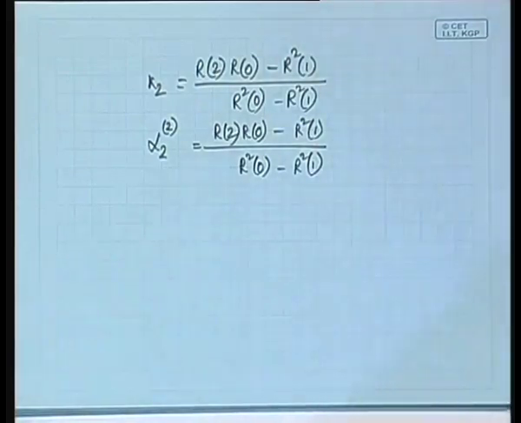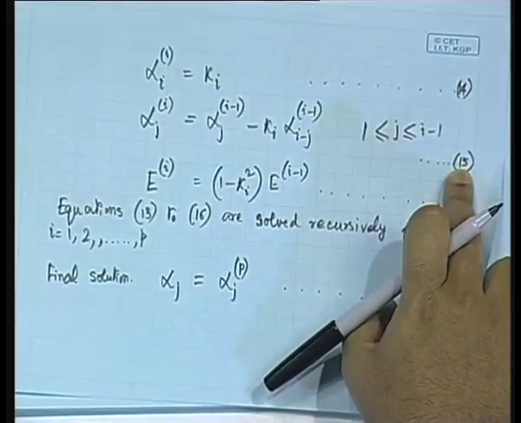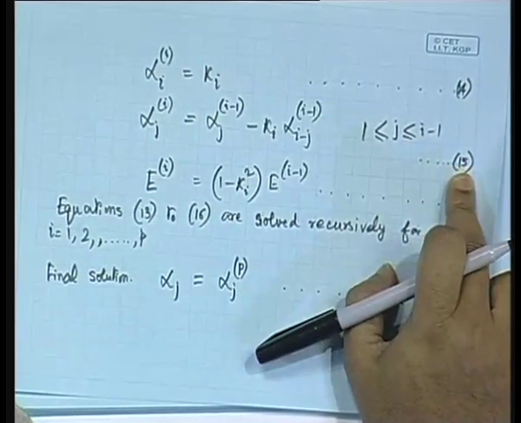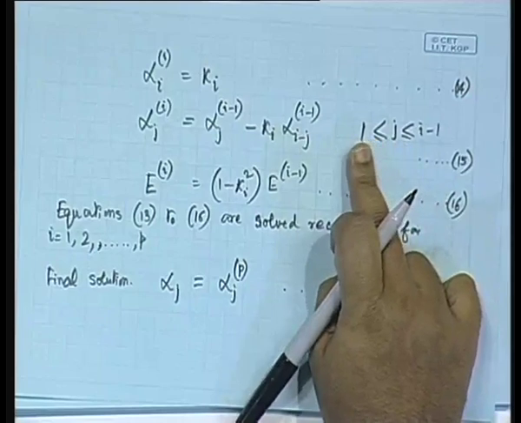And then we will be in a position to apply that other equation which we could not apply in the last iteration, that is to say equation number 15. Now we can apply equation number 15 for j equal to 1.